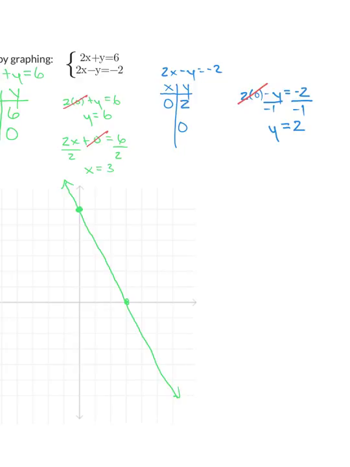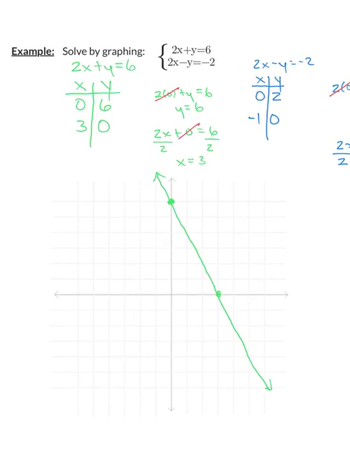If we plug in 0 for y, I get 2x minus 0 equals -2. My y term has canceled out, and so I need to divide by 2 in order to get x by itself. We get x is equal to -1.